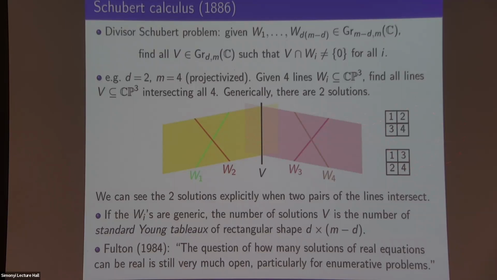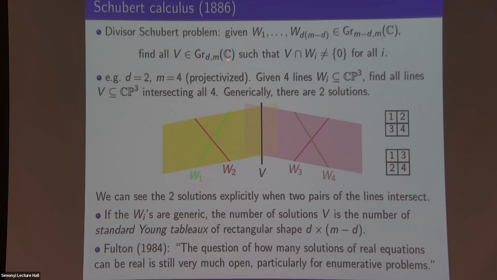Okay, so this was all over the complex numbers, and working over the complex numbers is nice because it's algebraically closed. But in applications, if we have a system over the real numbers, we want to solve it over the real numbers. So Fulton in the 80s posed this question: if we have an enumerative problem, how many solutions can be real?